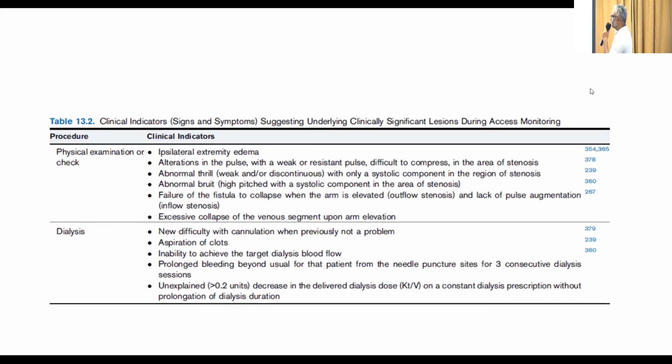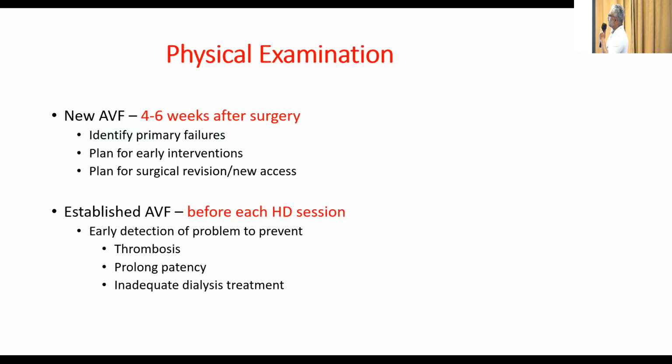Your Kt/V goes down by more than 0.2 units, then there is a problem with your vascular access. So a physical examination, ideally 4 to 6 weeks after surgery, you can identify primary failures, plan for early intervention, and plan for surgical revision or new access.